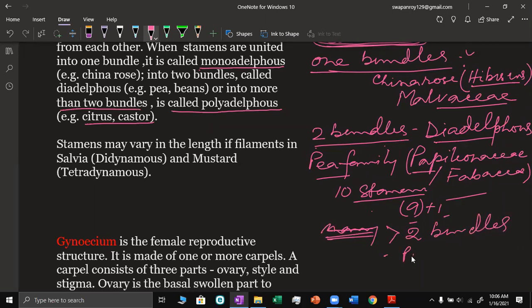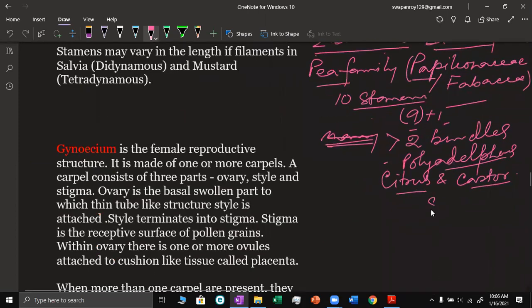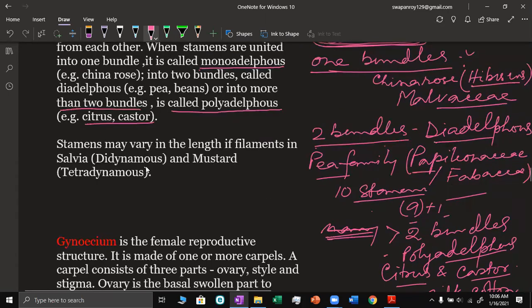Poly means many, Polyadelphus. This is in the case of citrus and castor, then silk cotton.